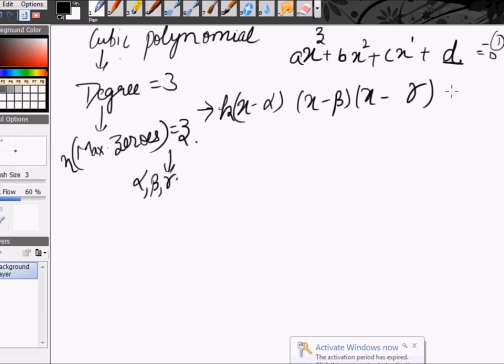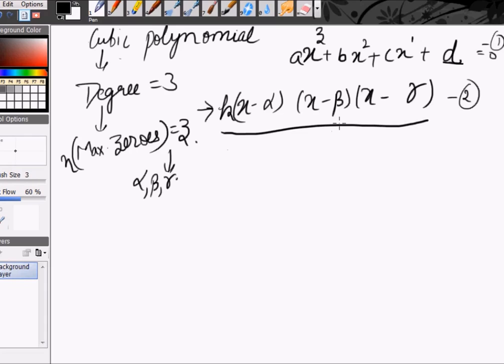Therefore, we can easily substitute the value of p(x) as this one, because the factor theorem gives this as the equation of the cubic polynomial, whereas we have assumed the value of cubic polynomial as this one.